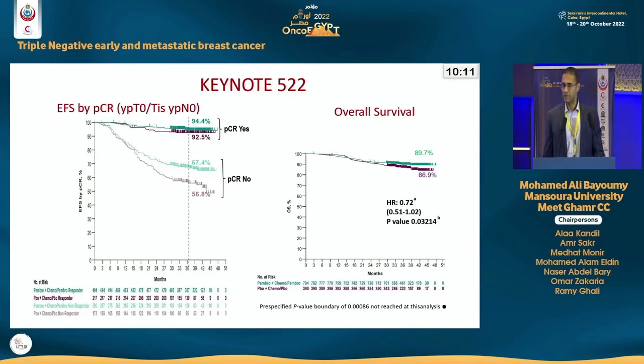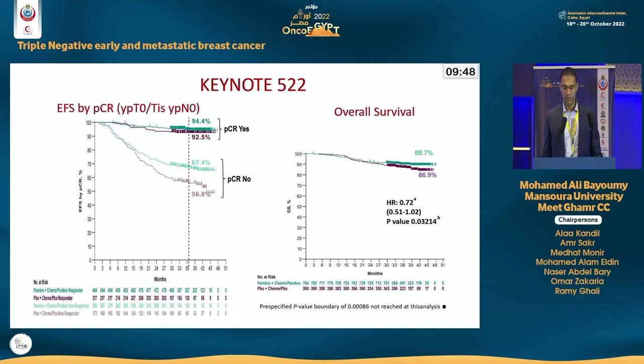Regarding the event-free survival, on your left-hand side, you can find a significant improvement in event-free survival in both arms, I mean the patients that received IO and the patients that did not, especially in the pCR cohort. But in the no-pCR cohort, you can find a difference favoring the use of IO.